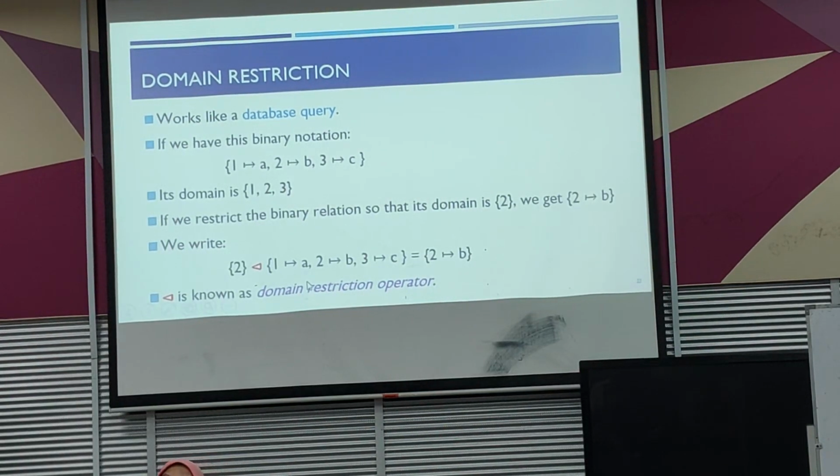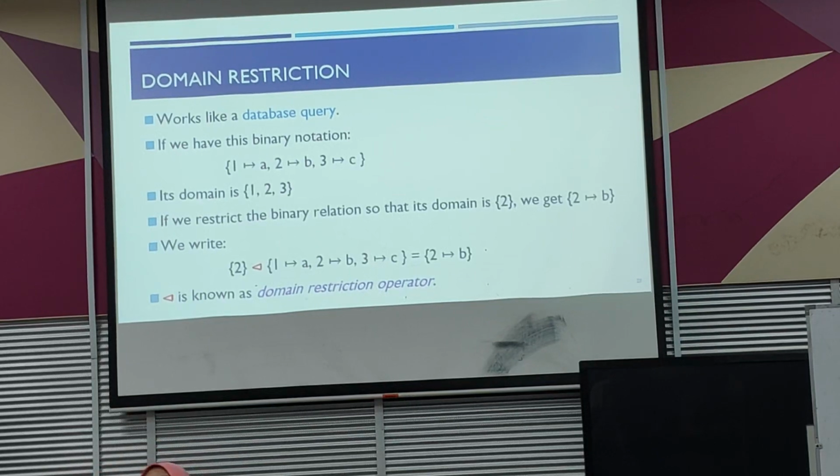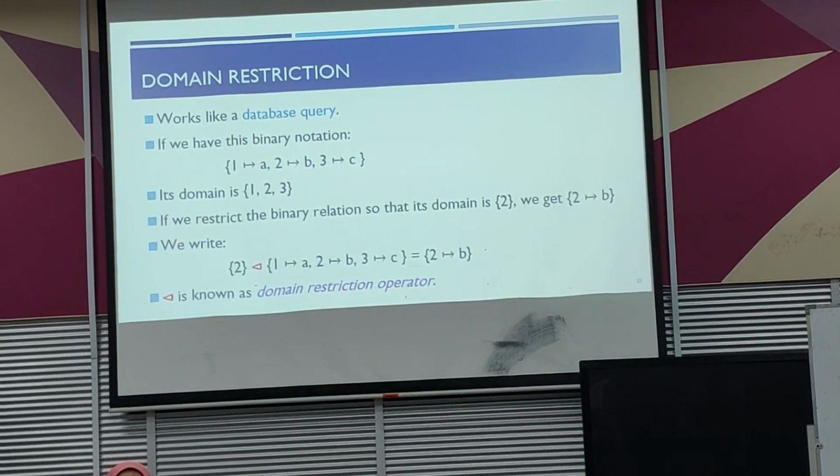If I want to use domain restriction, this is the symbol, an arrowhead pointing to the left. Why left? Because domain is on the left.